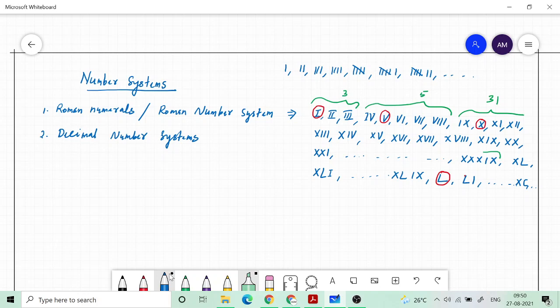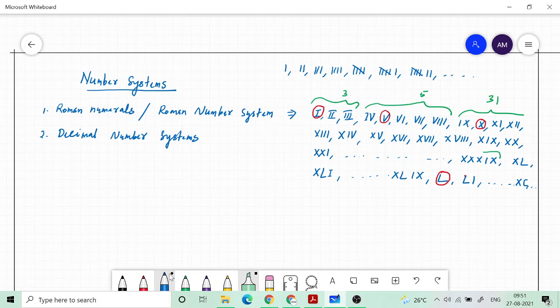So you can say that the Roman number system is expanding on the above system by bringing in new symbols, and thereby reducing the length of the symbol for a particular number. So if you look at, for example, 100 or 50, 50 here is just one symbol, very convenient.